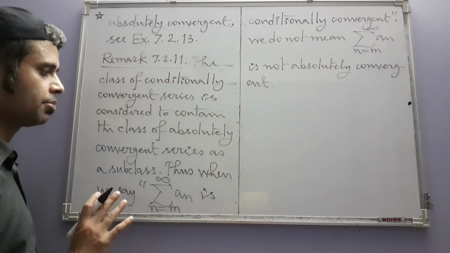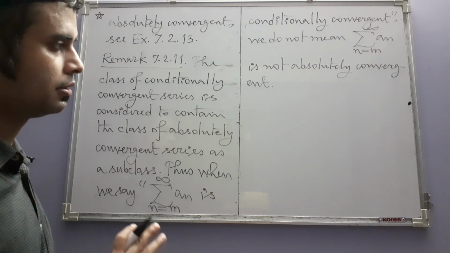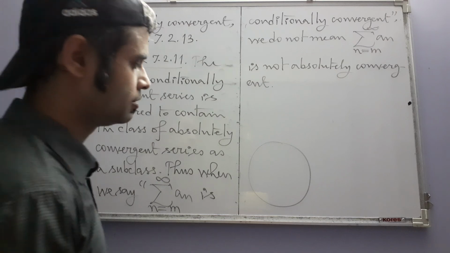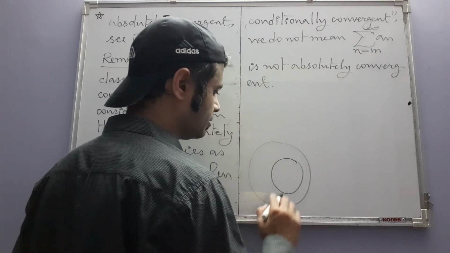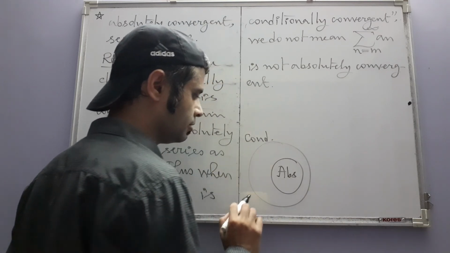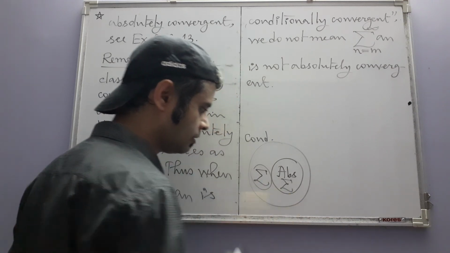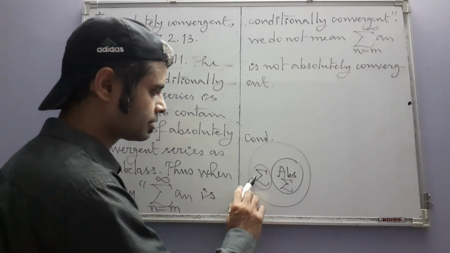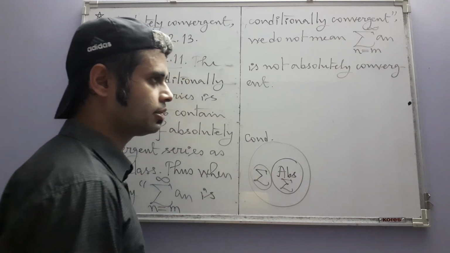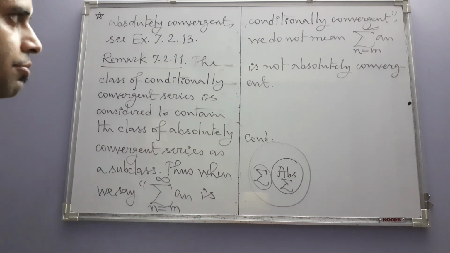Conditional convergence simply means convergence. It does not stop a series from being absolutely convergent. Conditional convergence means being in the class of conditionally convergent series. There, inside of it, sits the subclass of absolutely convergent series. Now, your series may lie here or it may lie here also. Simply saying that sigma is in this class does not tell you whether it is outside ABS or inside ABS. If you want to say something like that, you have to mention it specifically.